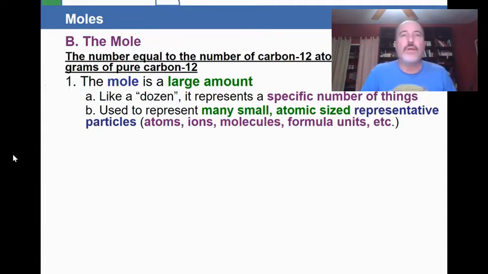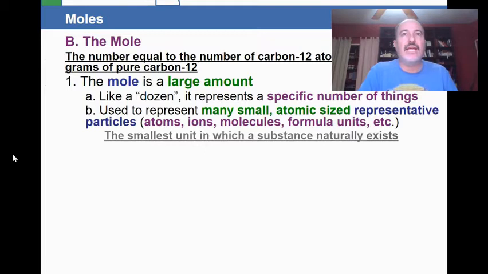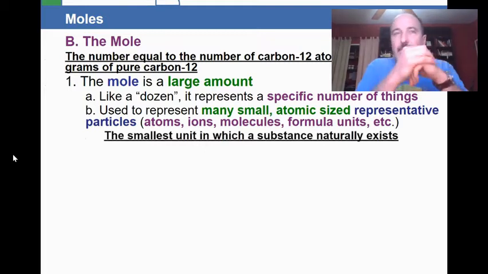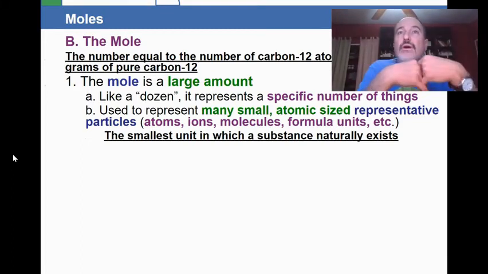Now, the term representative particles is like the smallest size something can take, the smallest unit in which a substance naturally exists. So if it is something like helium, helium is found in atoms. However, hydrogen, since they're diatomic, those smallest ones are molecules. It could be individual ions, like oxide ions, O-2.